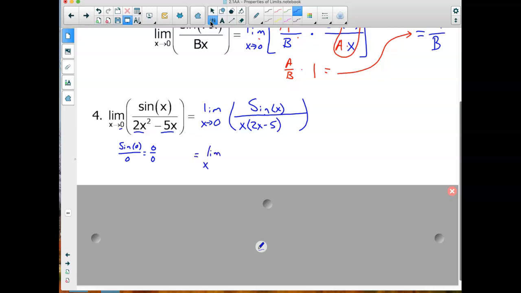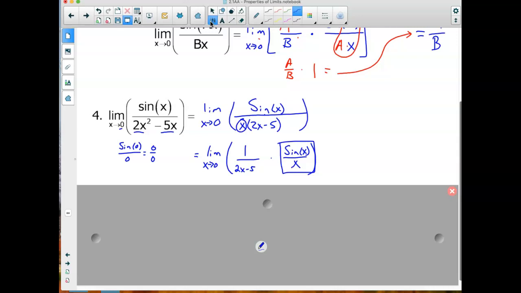So the limit as x approaches 0 of a fraction times a fraction. I want my sine x, and I'm going to nest that x underneath it. And I have a 2x minus 5, and there's a 1 on top. Because I can evaluate that one already, I don't need to add any constants to it.